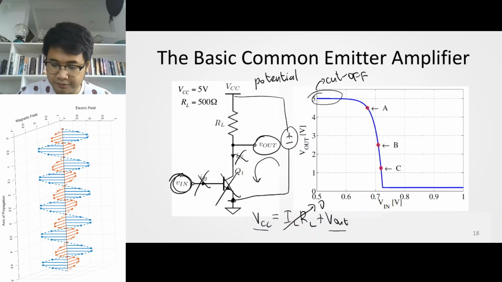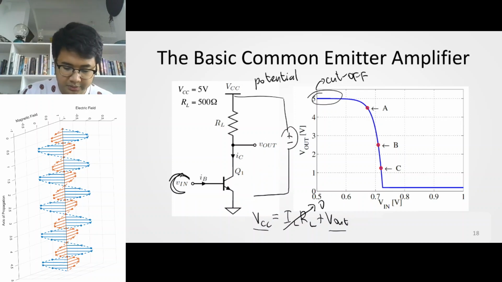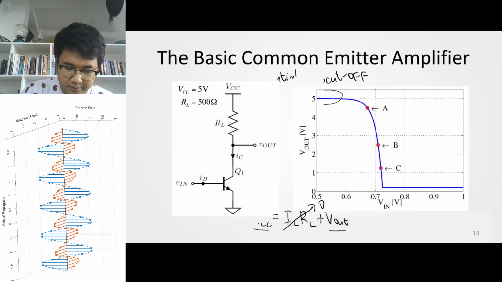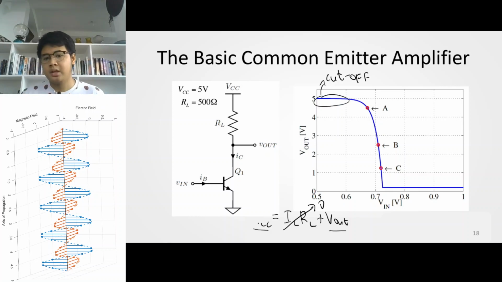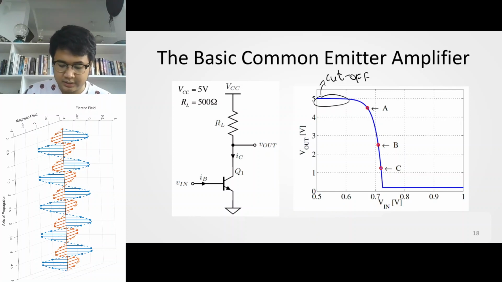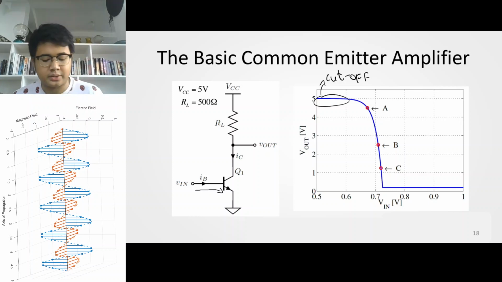Now, if VB or Vin is very large, then you're saturating your transistor.